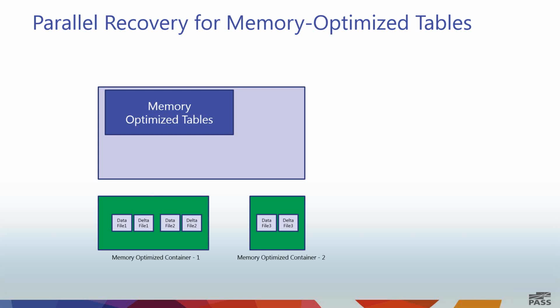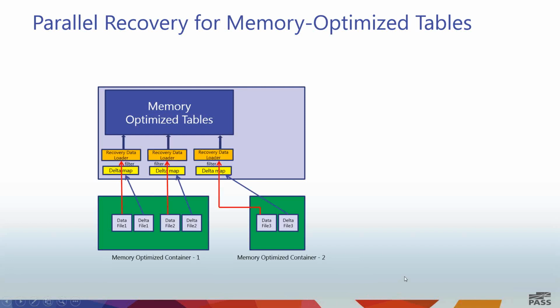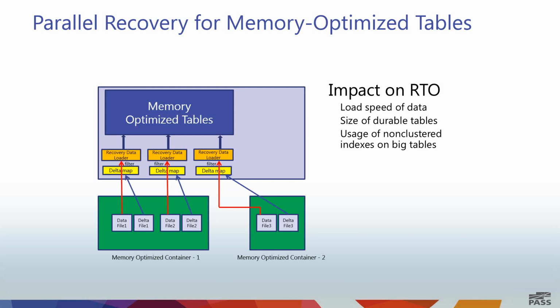These maps are used to figure out which of the rows in the data files have since been deleted and should thus not be loaded in memory. Then we load the data files essentially through the map, filtering out the deleted rows, and construct the tables based on those rows. And we do this in parallel within one container, but also across containers.